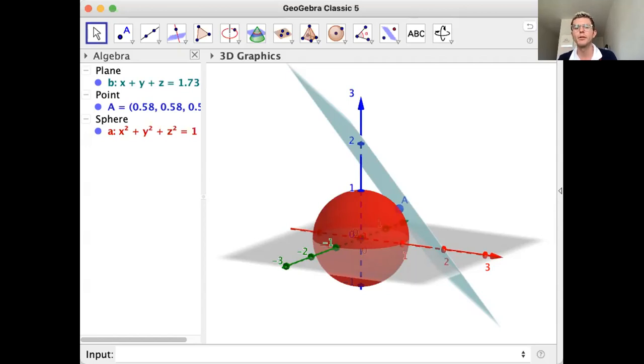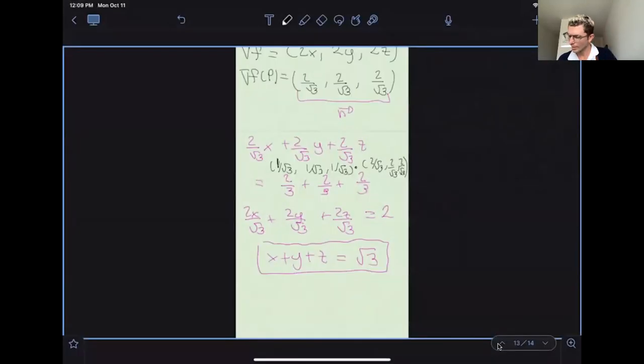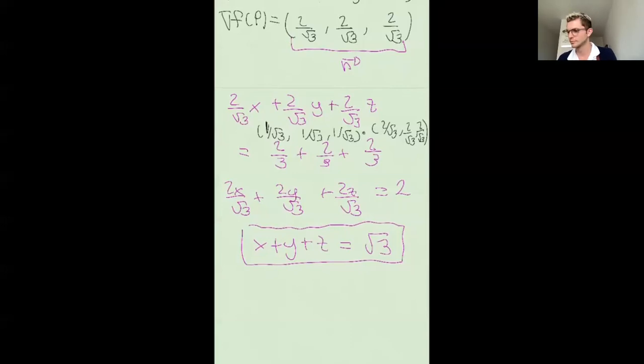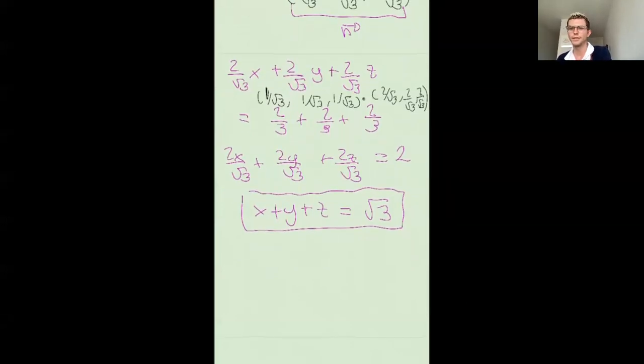And so why are we doing all of this stuff? The reason we were doing all of this is so that we could talk about critical points and optimization problems. This is the last topic for the exam.